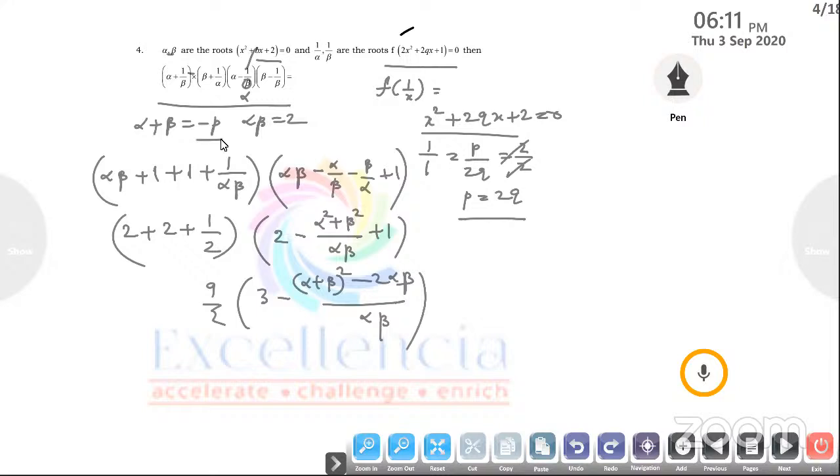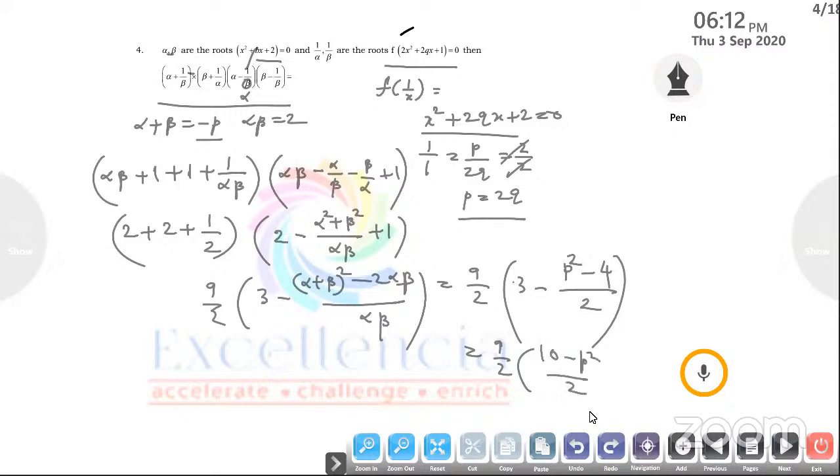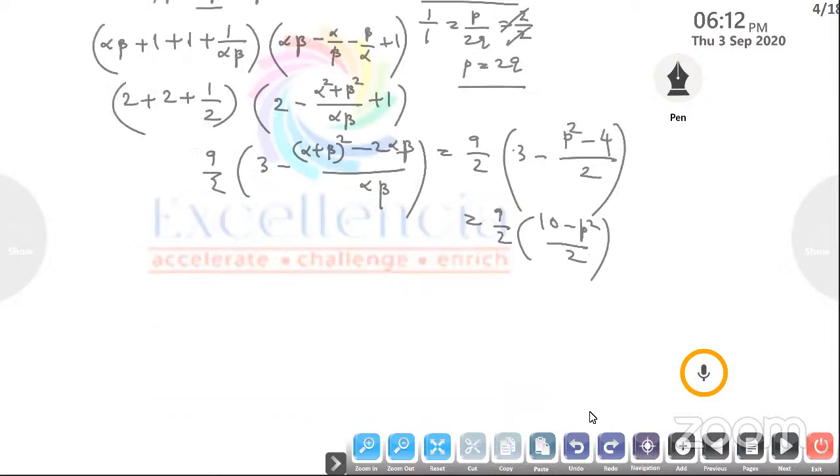So let us substitute. This becomes 9 by 2 into 3 minus (minus p whole squared, which is p squared, minus 2 into 2, 4) divided by 2. Simplifying, this becomes 9 by 2 into (6 minus (p squared minus 4)) divided by 2, that is 10 minus p squared divided by 2. So this will be the answer: 9 by 4 into (10 minus p squared). That will be the answer.